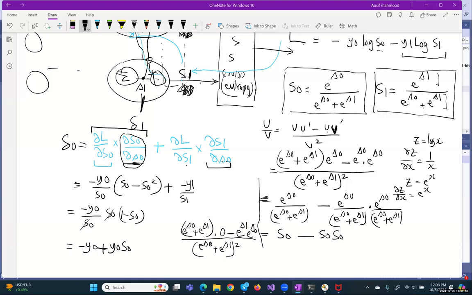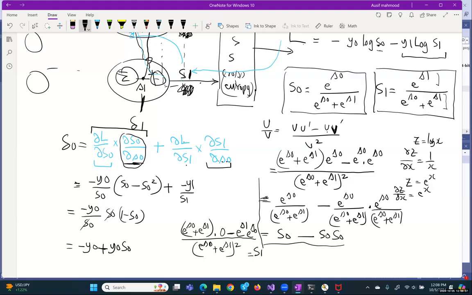Okay, the zero zeroes it out. And if you take a look at minus e to the S1, if I split it out in two parts, this is really equal to e raised to the power S1 over e raised to the power S0 plus e raised to the power S1, which is simply S1.